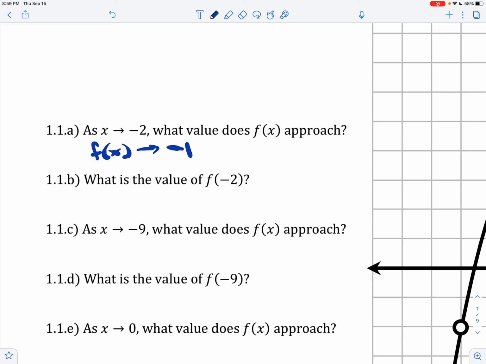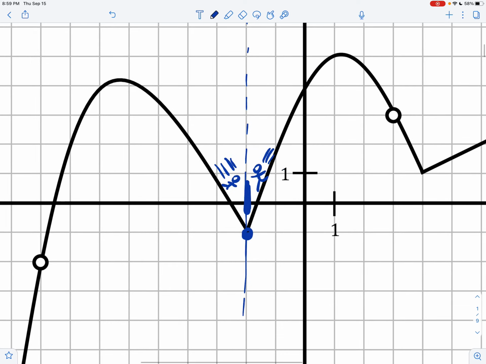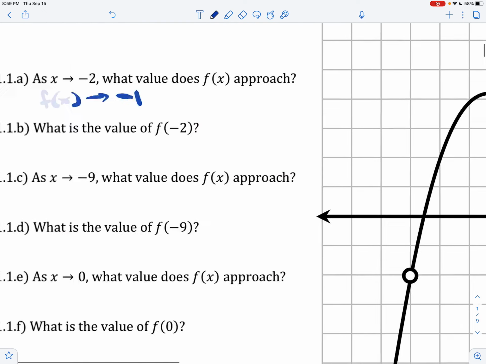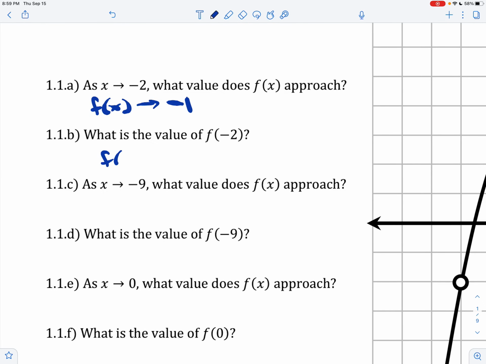The actual value of f of -2 is just straight up, what is that y value equal to? And as we look at that, if we follow along the curve, it straight up is 1. So f of -2 is equal to 1. We've got two different notations happening for two different scenarios.